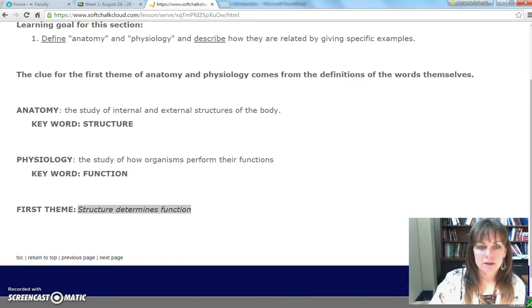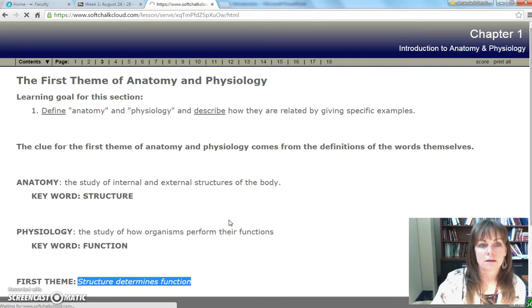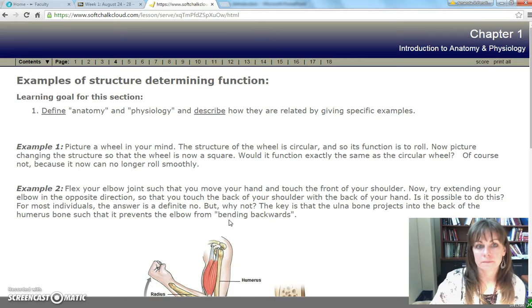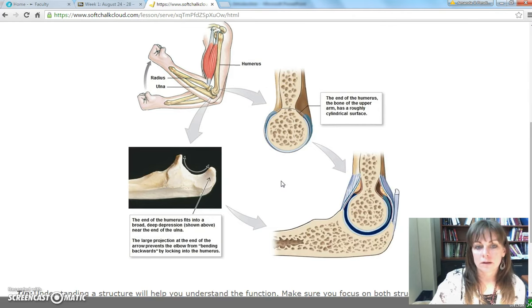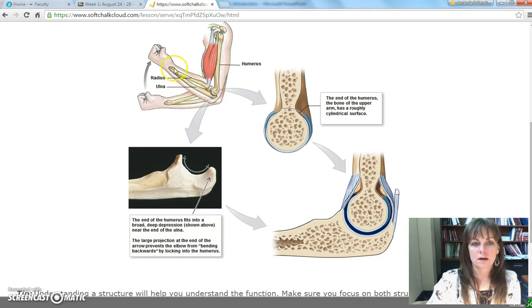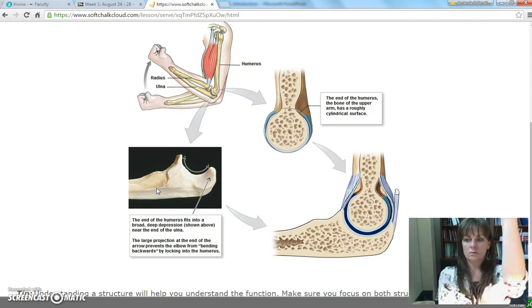Another example that you have in your lesson here on page 4 is that of the elbow. Here's the bone of your upper arm, this portion of my arm, and right here is the lower portion of my arm.